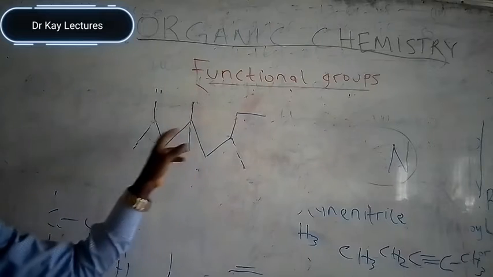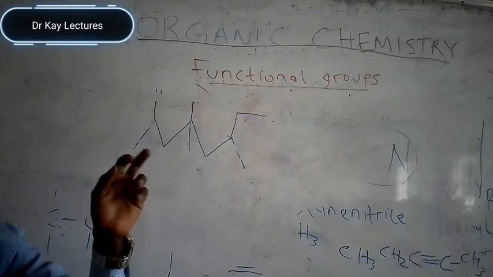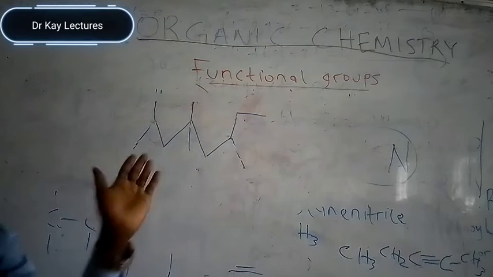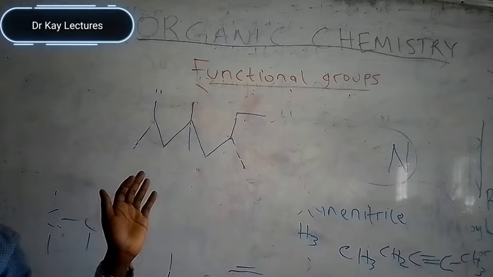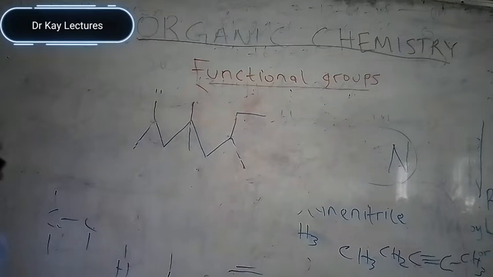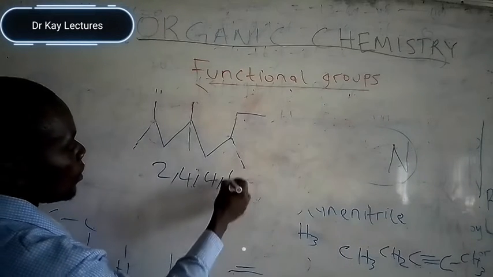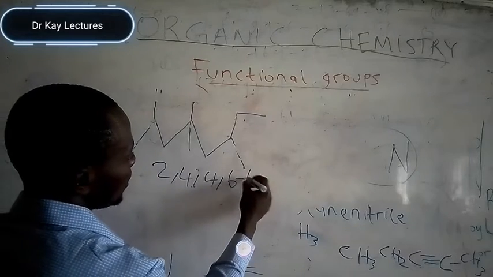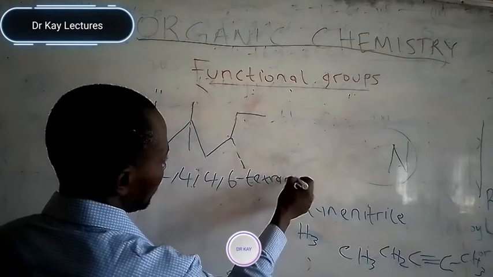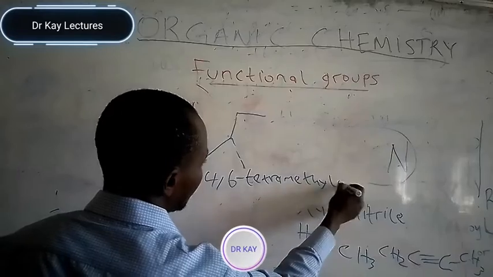Tetramethyl, then what's the parent name? Octane. So 2, 4, 4, 6 tetramethyl octane. So that's it. 2, 4, 4, 6 tetramethyl octane.